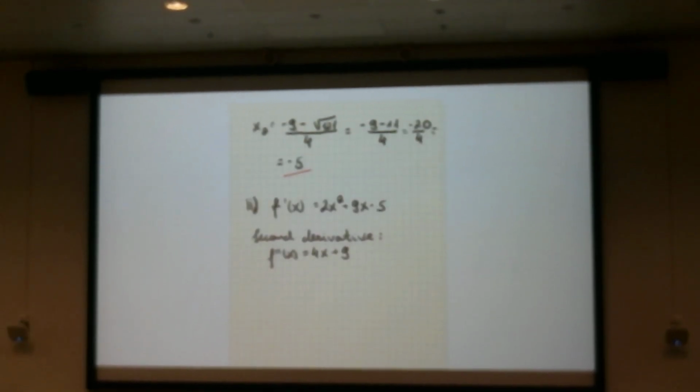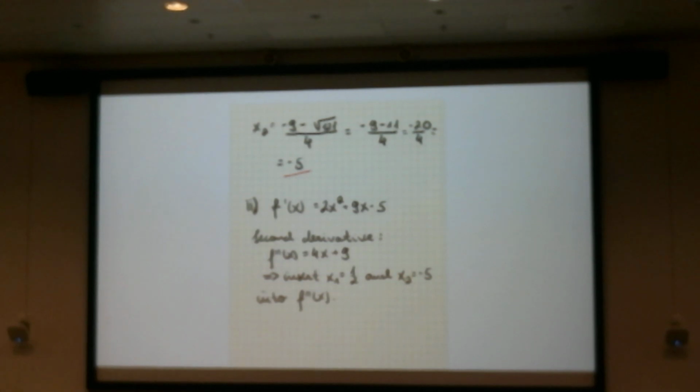So what we do now is take both critical points and insert them into the second derivative to see the signs. So the next step is to insert x1 equals 1/2 and x2 equals minus 5 into the second derivative.